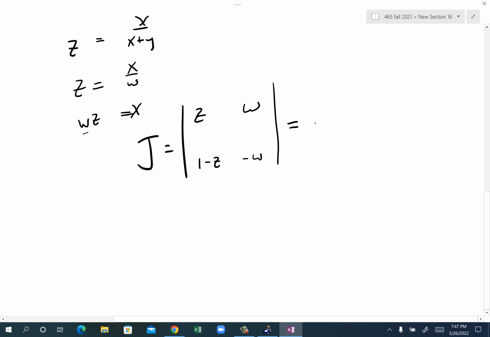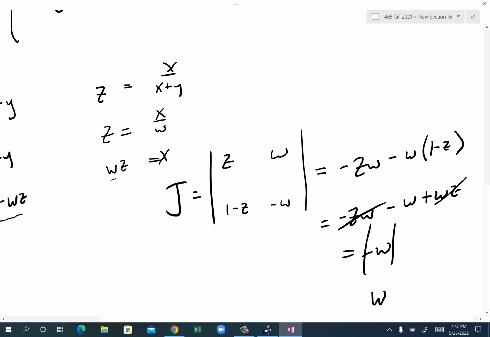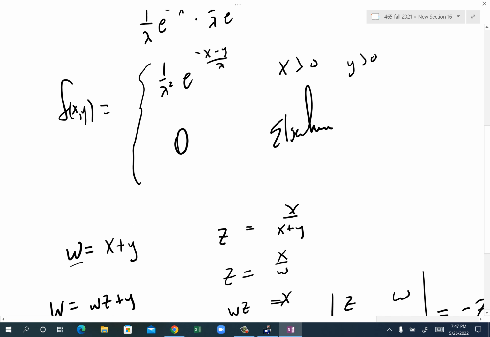So it's going to be negative zw minus w times 1 minus z. I'm going to go ahead and FOIL that out. Negative w. There's your Jacobian, and of course we're taking the absolute value of that, so w is what it is.